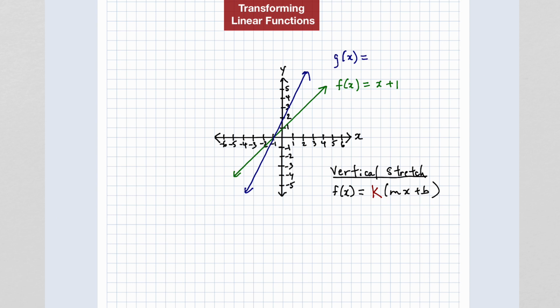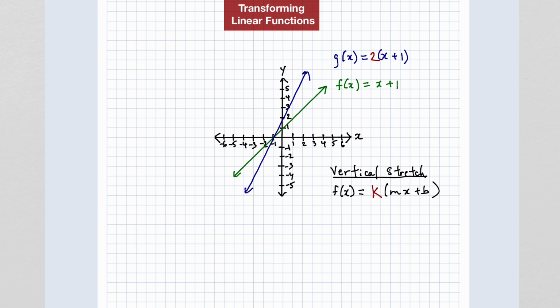So we're going to have x plus 1, okay? The difference here is we now have a k of 2 because the slope of the new line is 1, 2 over 1. So it has a slope of 2, and so the vertical stretch here is of 2.